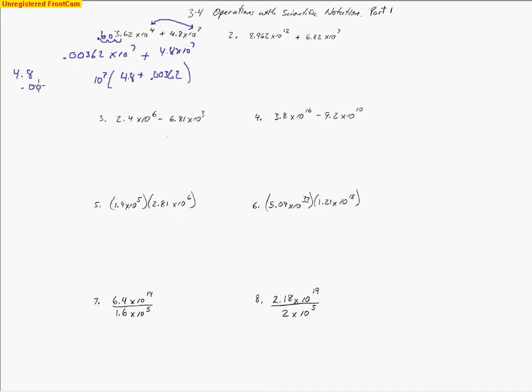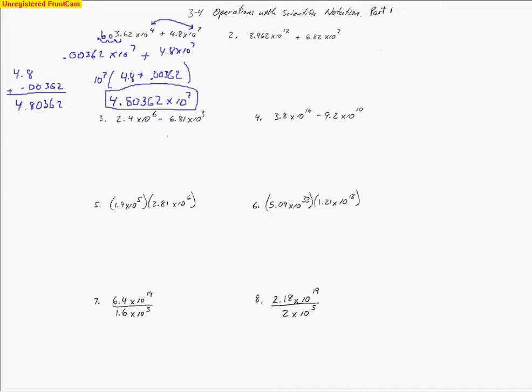And notice that the number is just going to get a little bit bigger when I add in those numbers. So that's going to be 4.80362 times 10 to the 7th power. And there's our answer.